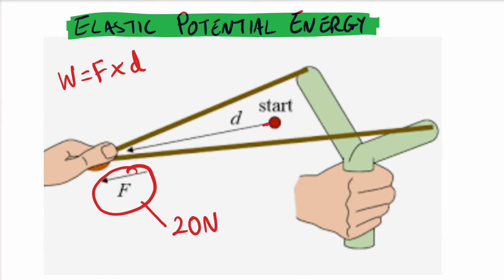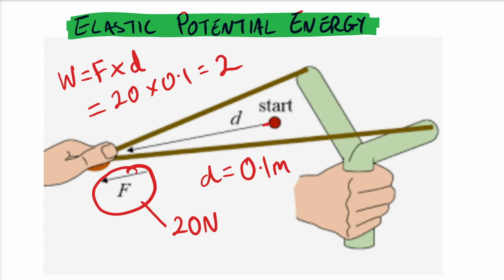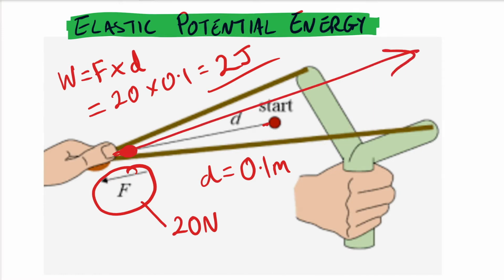And the distance D, let's make it nice and easy for me, 0.1 meters, so 10 centimeters. Using that equation, 20 times 0.1 would be 2 joules of energy. Then that 2 joules of energy would be transferred into 2 joules of kinetic energy when the catapult is let go.